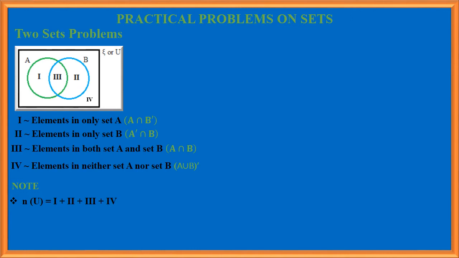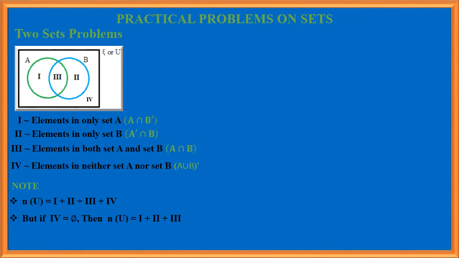But in a case where we don't have IV, that is, we do not have any element which does not belong to any of the two sets, then n(U) becomes I plus II plus III.